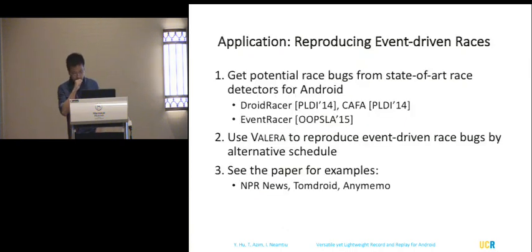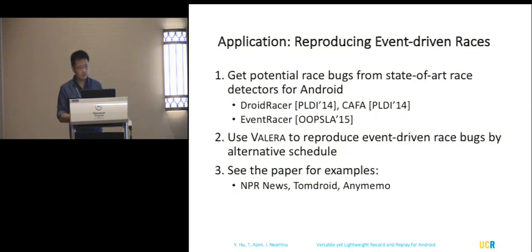So there are other cases where we can reproduce event-driven races. As the previous talk mentioned, there are a lot of tools, some recent tools that try to do dynamic race detection, like JoyRaiser and Kappa and EventRaiser.